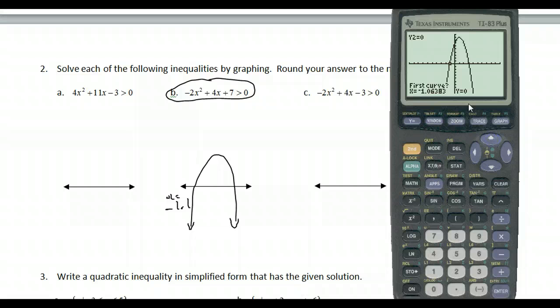So I'm just going to move to y2 equals 0. When it's asking for the first curve, I don't care if the first curve is y2 or y1. I'm going to hit enter. First curve. Second curve is now the parabola. And here's my guess. And that's 3.1.